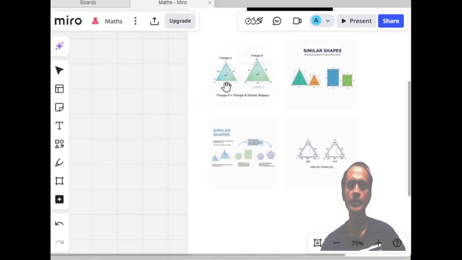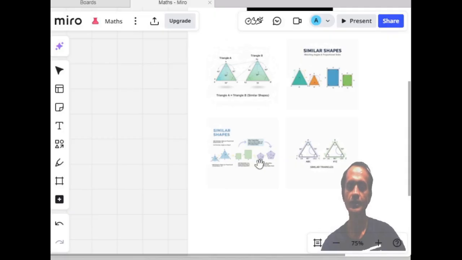You see here two triangles. What do we say after looking at these two triangles? They look similar. Similarly here, this one is larger, this one is smaller, but they look similar. This rectangle and this rectangle look similar.